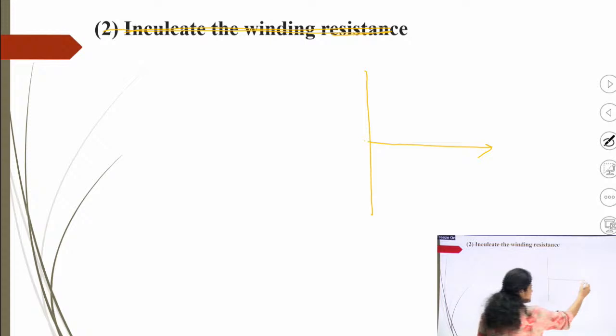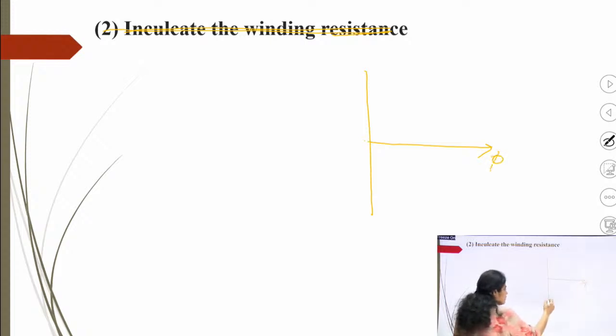This is flux, as you know, and what about the E1 and E2? The E1 is obviously lagging with the flux, right.